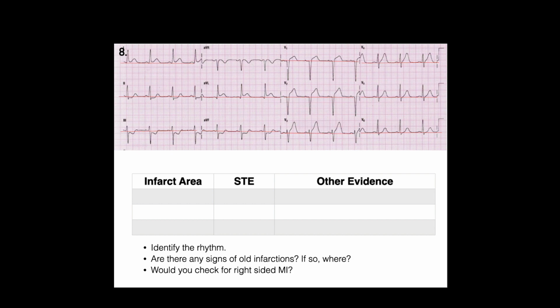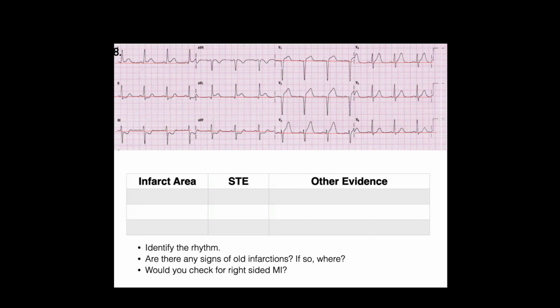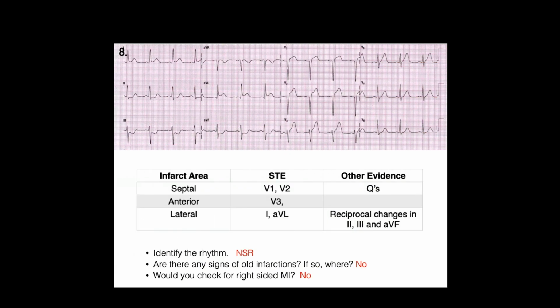If you saw these Q waves in V1 and V2 and there was no ST elevation, no anterior STEMI, no septal STEMI, then you would say it's probably old, because they stay around forever. So in this case, there are pathological Q waves, but they're associated with acute stuff, the ST elevation, so they're not old. Does that make sense? Yeah.